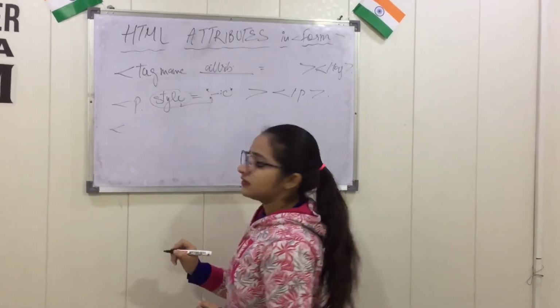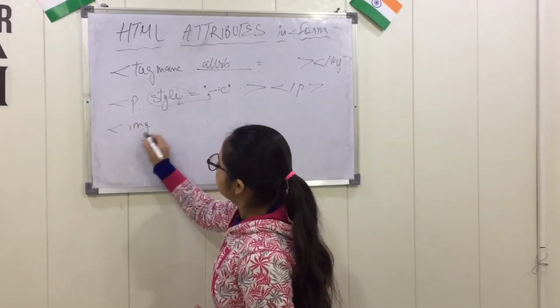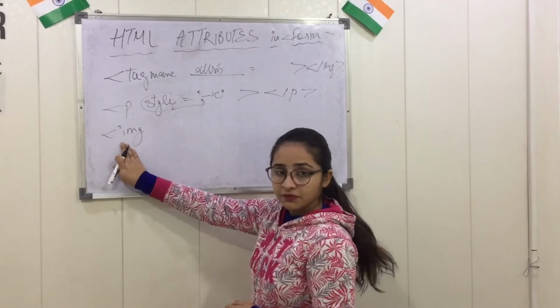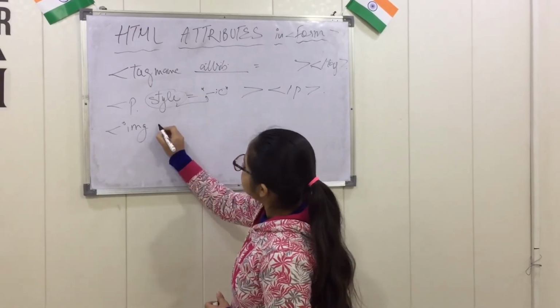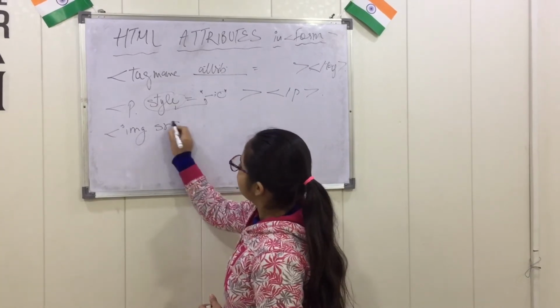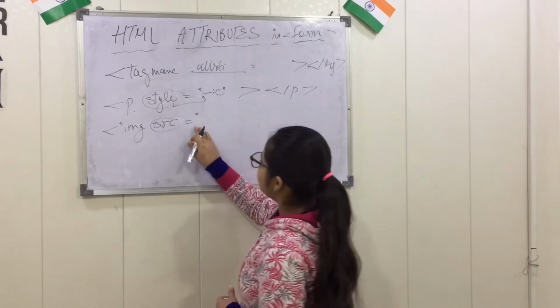The second tag I am going to discuss is the image tag. This is the tag name, and after that I declare the attribute, that is src. So src is the attribute. After that we pass the value.